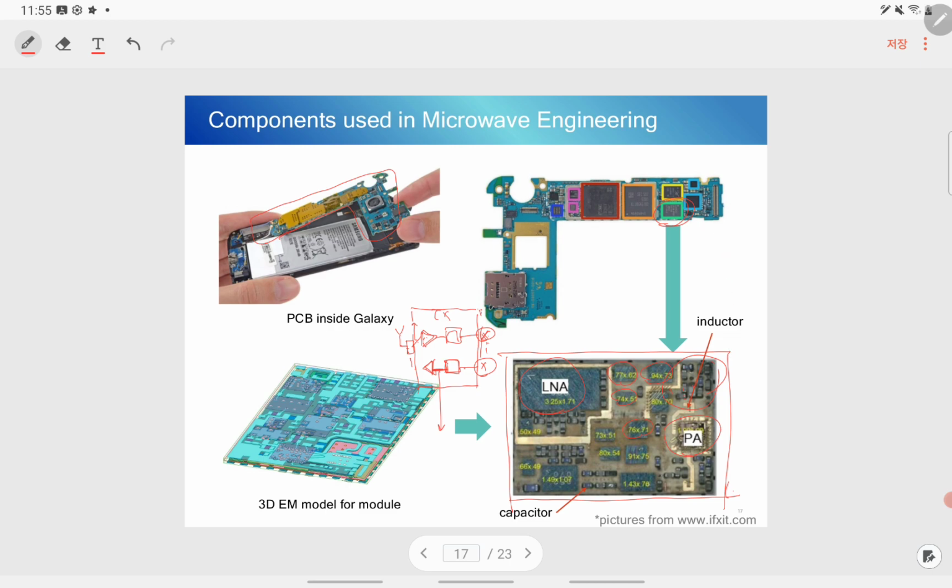This size is about your fingertip size, very small, and mounted in your cell phone so that it can transmit and receive the RF microwave signal for LTE communication. This is the real 3D model for this circuit, this chip, right? Using this kind of model or simulation tool, we can design this very complicated microwave LTE chip inside the cell phone.